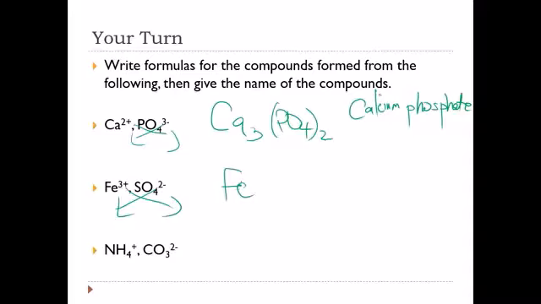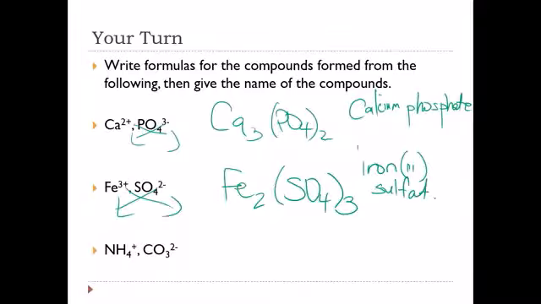Then this would be Fe2(SO4)3, and you get a gold star if you remembered that iron is one of the transition metals that can have variable ionic charge. So if you said iron(III) sulfate, then you are a great student.